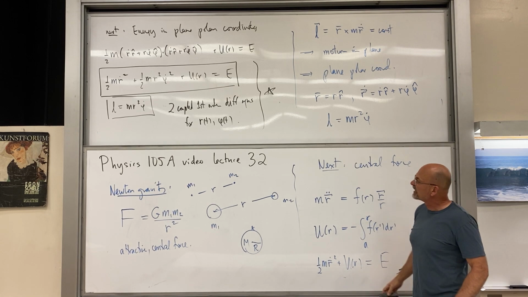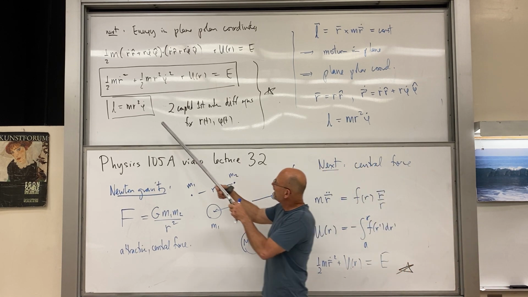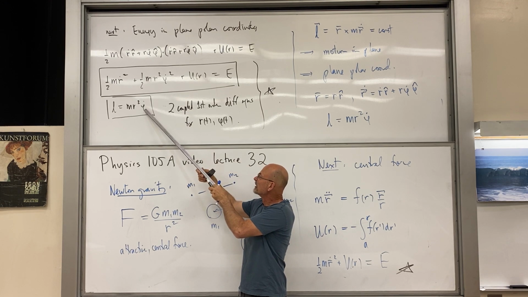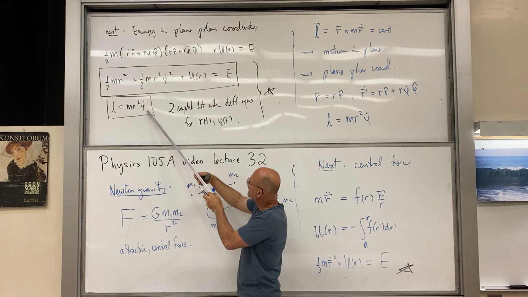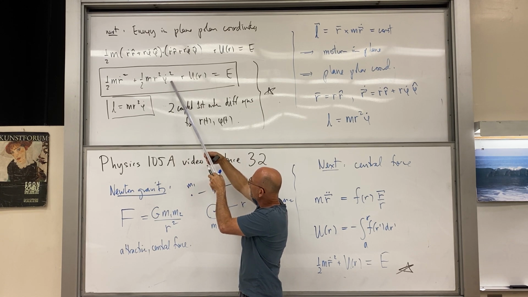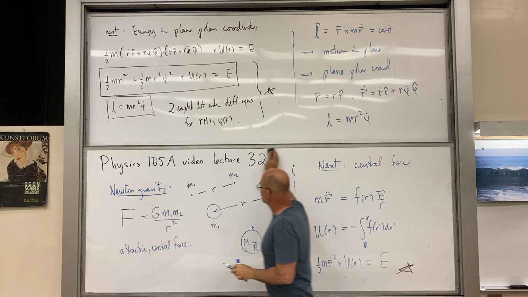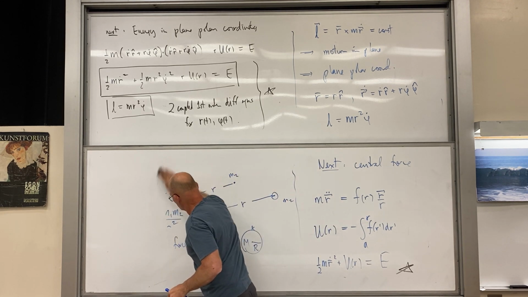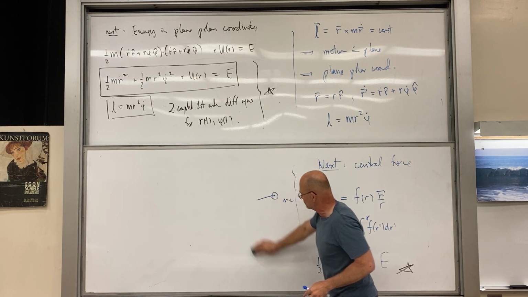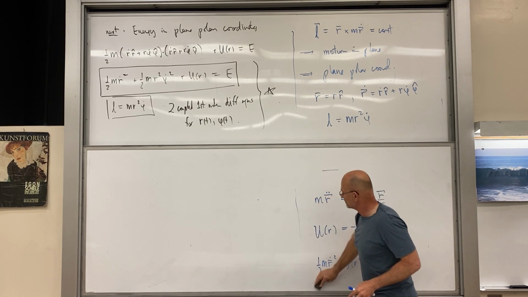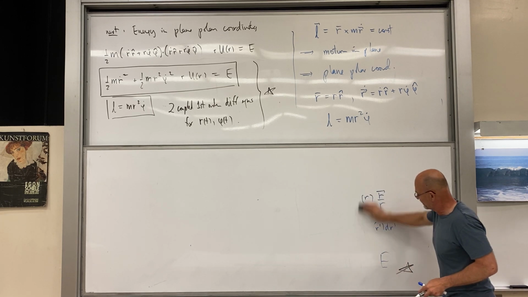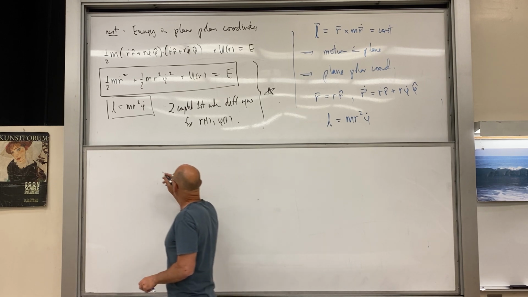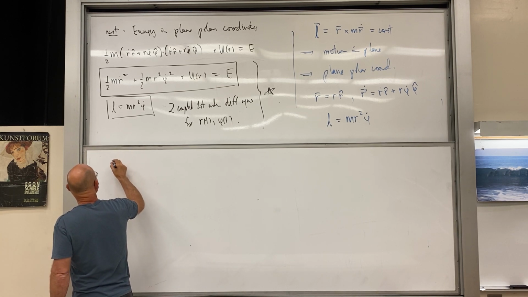So what happens next is that I replace phi dot in this equation with phi dot from down here. Just going to solve for phi dot, plug it in here, and square it. And you can see what happens.